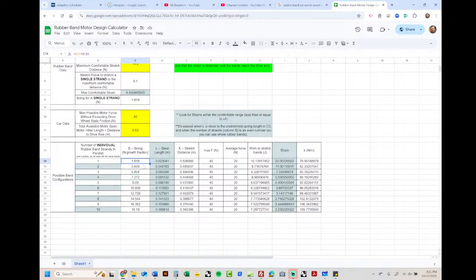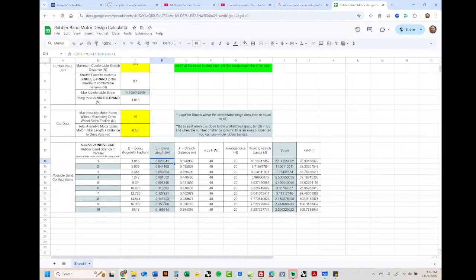But there's a balance. If you have a really low Boeing, what that means is you can have a very short band and you can stretch it to many times its length, like 20. The stretch distance is 22 times as long as the band itself. So you get a whole lot of stretch.